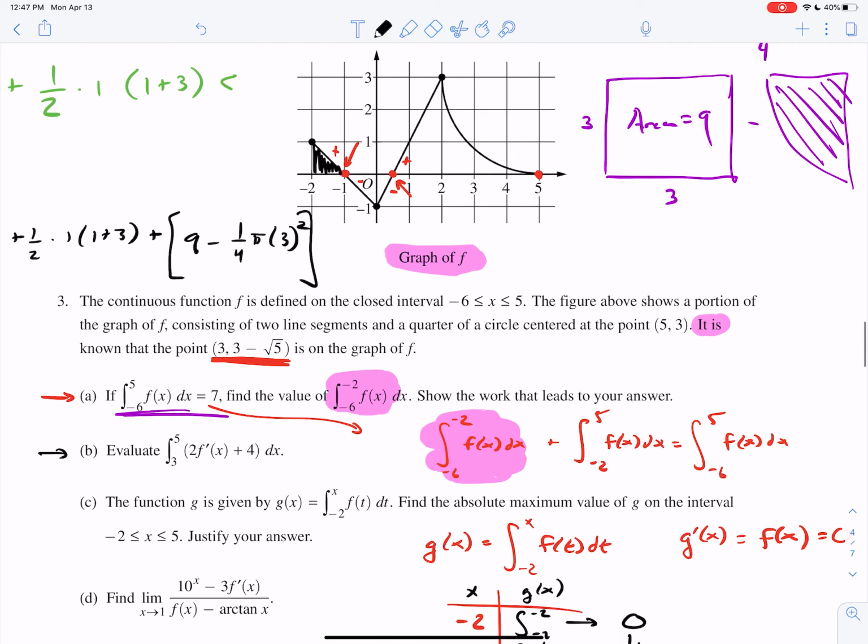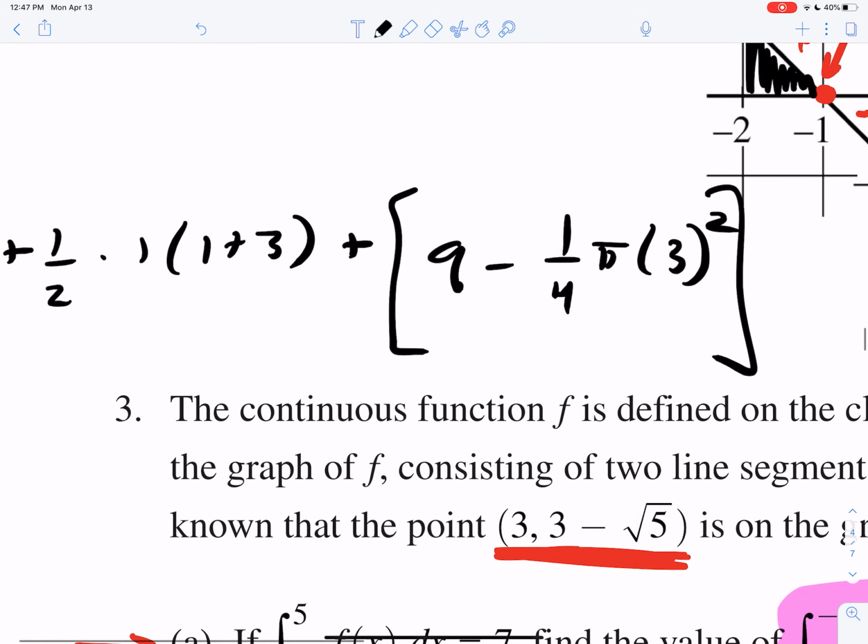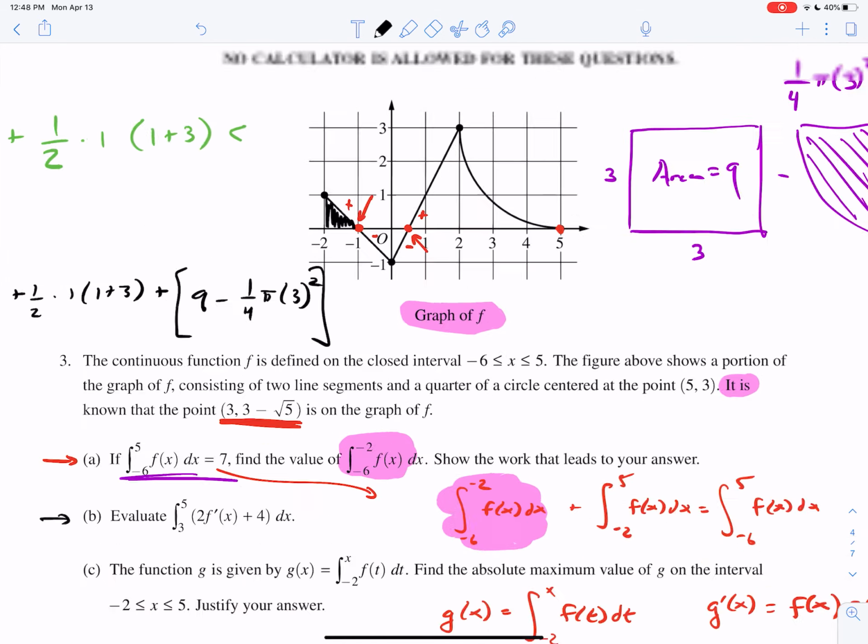I think we found out that it was everything in black right here.